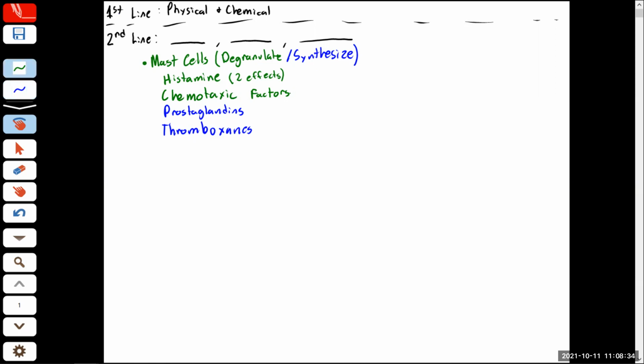Your chemotaxic factors are going to bring along some friends. That's your granulocytes, your phagocytes, your diapedetic cells. Okay. Now, alongside your mast cells, we have a chemical response. What is that chemical inflammatory response?